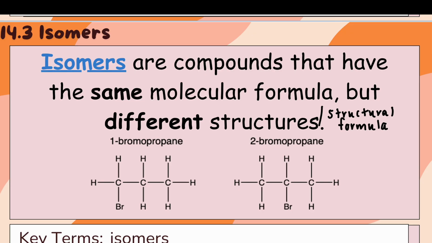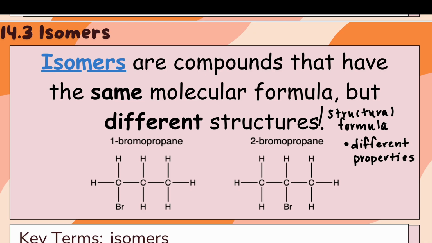Okay, so that's what isomers are. They have the same molecular formula, but different structural formulas. And because they have different structural formulas, they're not bonded exactly the same. That means that isomers have different properties or different characteristics. They're not the same thing, so they're not going to behave in the same exact way.